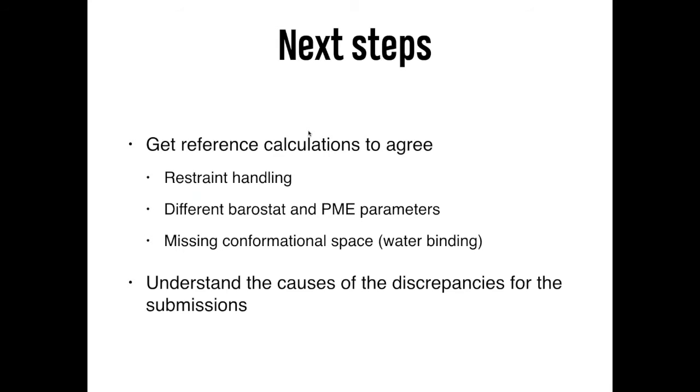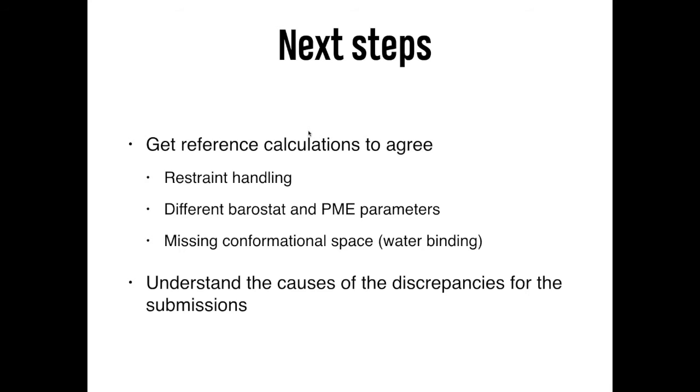So next steps. First of all, we need to get the reference calculations to agree. That's step number 1. We still have some leads besides the convergence. In the best case scenario, this is a methodological issue, and it's fast to track down. In the worst case scenario, we may need to compare the conformations that we are actually sampling and see if there is a sampling problem here.